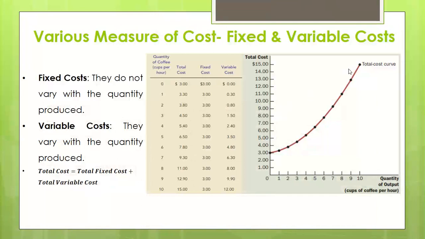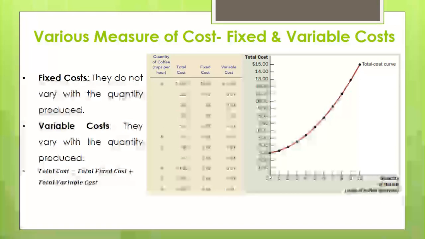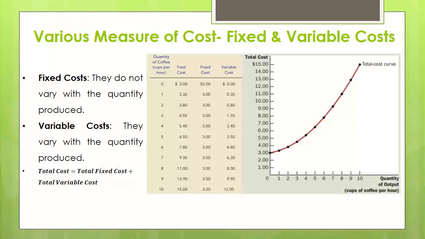So if we look at this graph of the total cost curve, which we have calculated in the table, you can see that we are measuring quantity of output on the x-axis and total cost on the y-axis. When the quantity of output is 0 units, the total cost is $3.